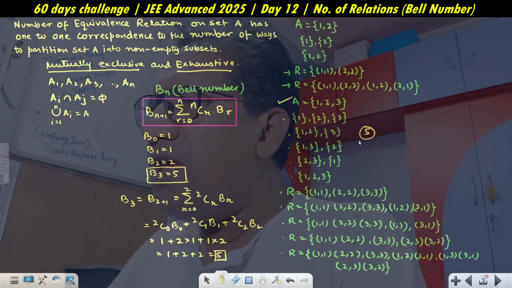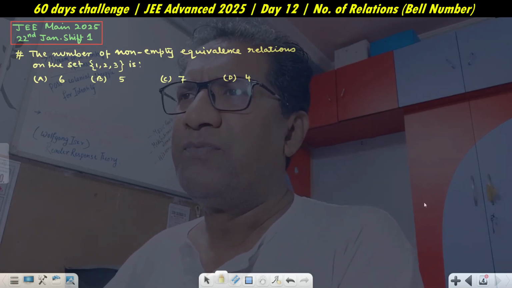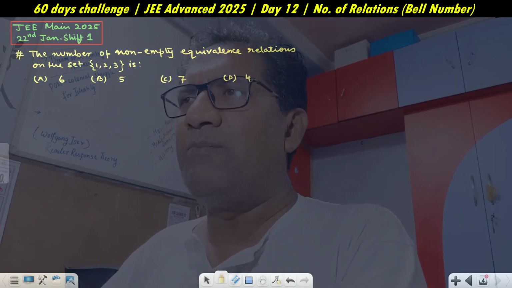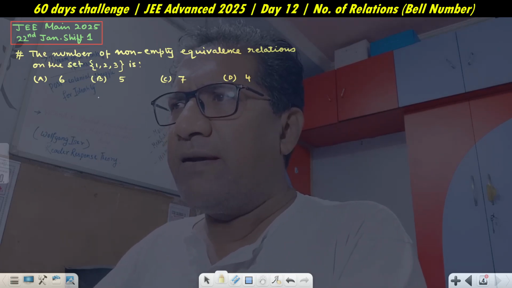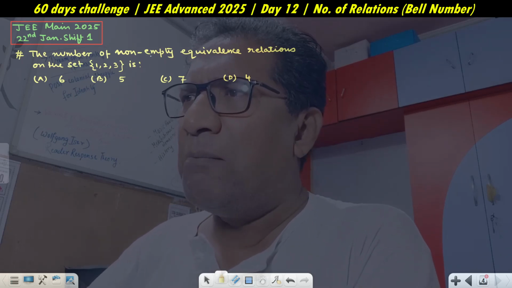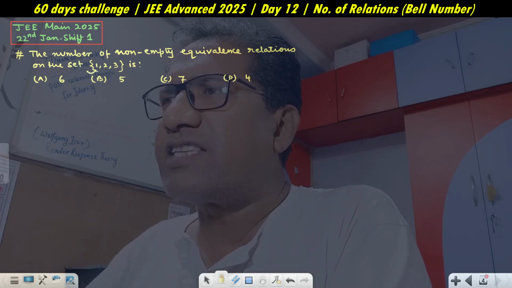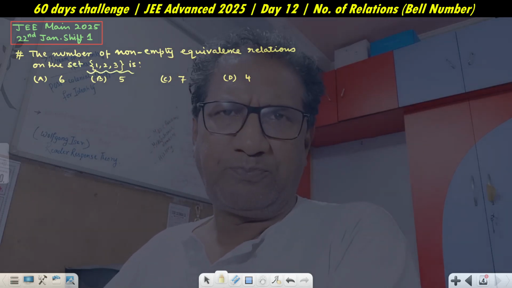Okay, we can see one problem that actually came in JEE Main 2025 this year, 22nd January shift 1. They have given this in a very sophisticated way. They have asked the number of non-empty equivalence relations on the set {1, 2, 3}.